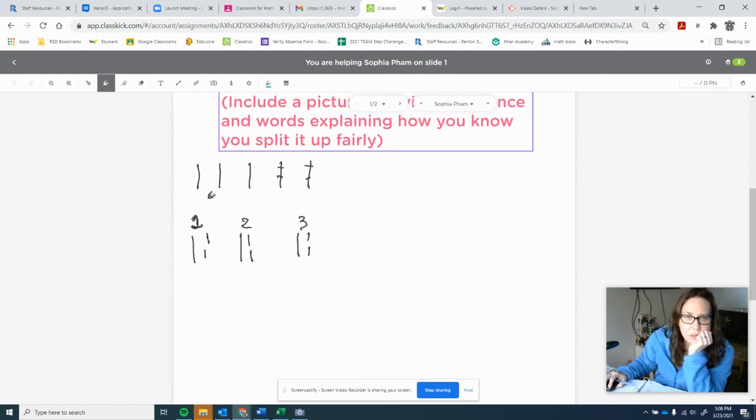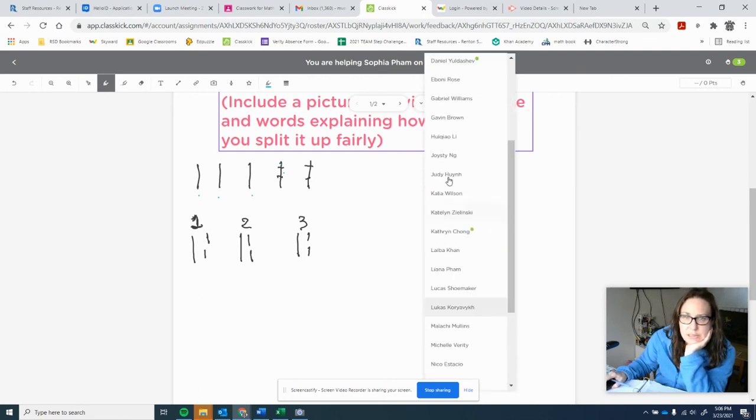All right, so again, 1, 2, 3 full pieces to each person, and then cut the remaining pieces into thirds, and 1 piece, 2 pieces goes to 1, 1 piece, 2 pieces goes to another, so on and so forth. Nice job, Sophia and Brandon. I'm going to share Brandon's.